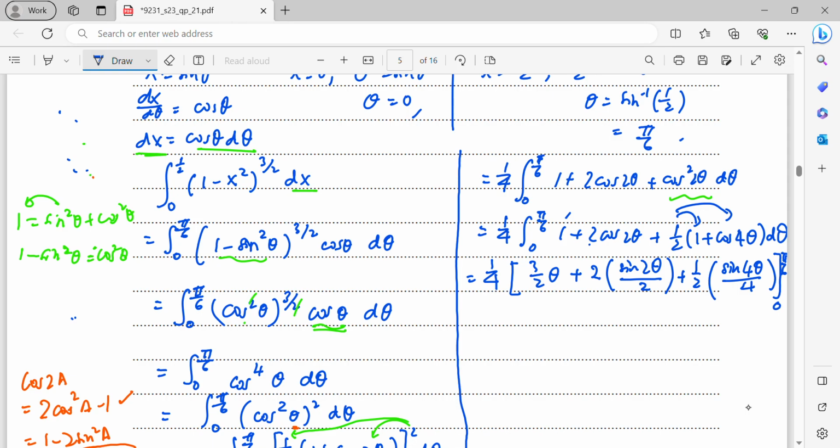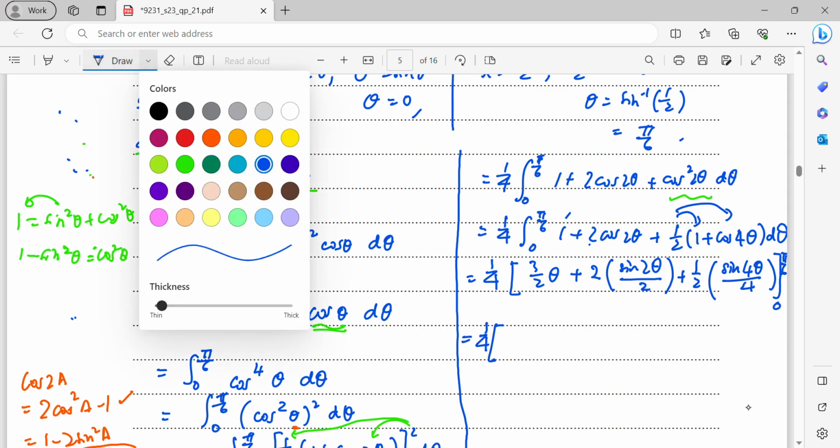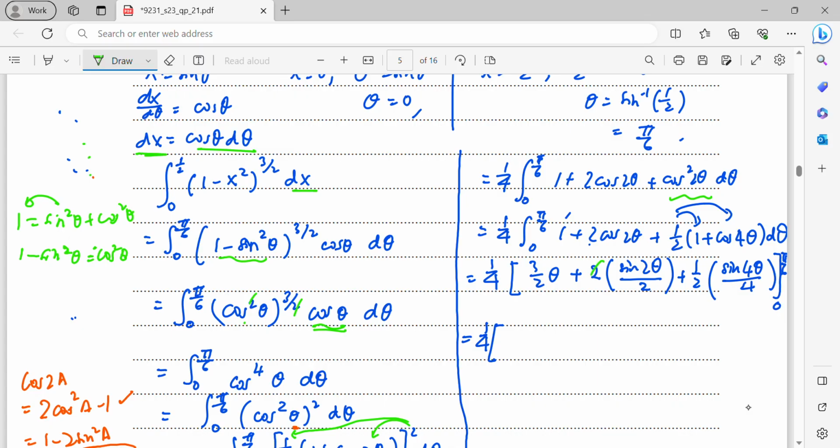Okay, so here I will write 1 over 4. Then you can simplify first. So the half and 2 cancel off. This becomes 1 over 8. Now I will just direct replace the limits right now. 3 over 2 pi over 6 plus sine 2 times pi over 6. It will be pi over 3.